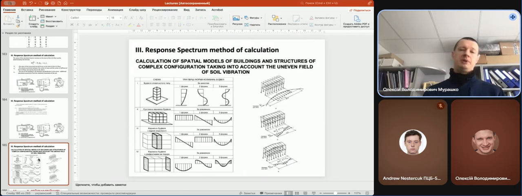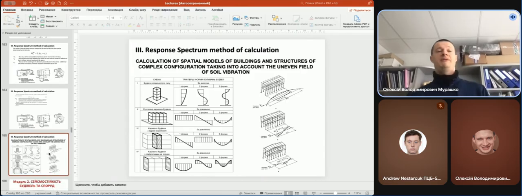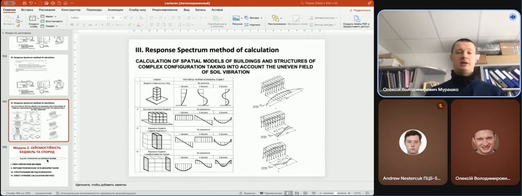For example, for a long building, we have to take into consideration such an effect, because when we are looking at this building and considering its deformation during the seismic wave propagation, we can see that for a long building, this effect will give such a situation, or even such, or even such. And all these effects also have to be taken into account when we are calculating, by adding specific coefficients which are included in the spectral method.